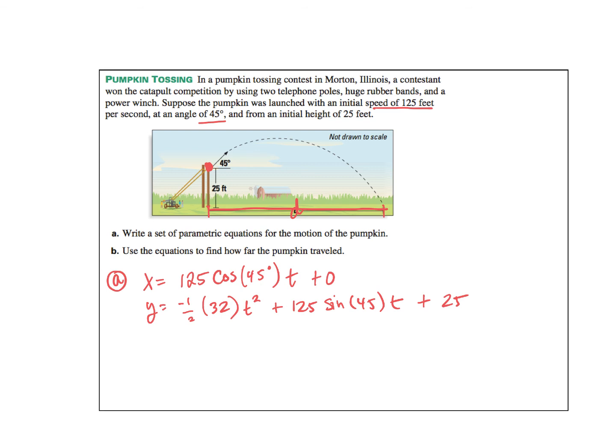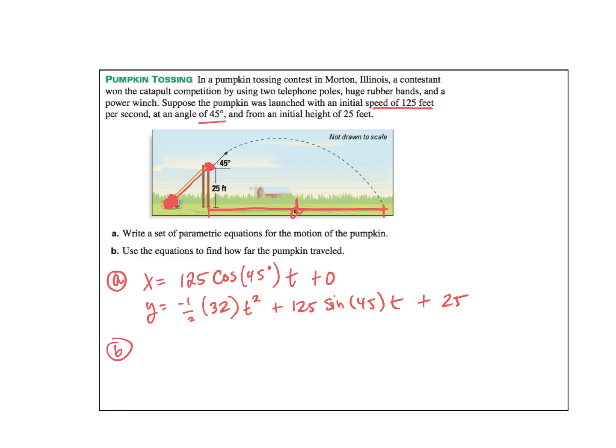So this pumpkin is starting off back here technically, but then it gets launched and we're measuring it from the point that it releases from the poles that they built. All right, so we can simplify these both a little bit if you want to, but you don't really have to. Those are the equations.